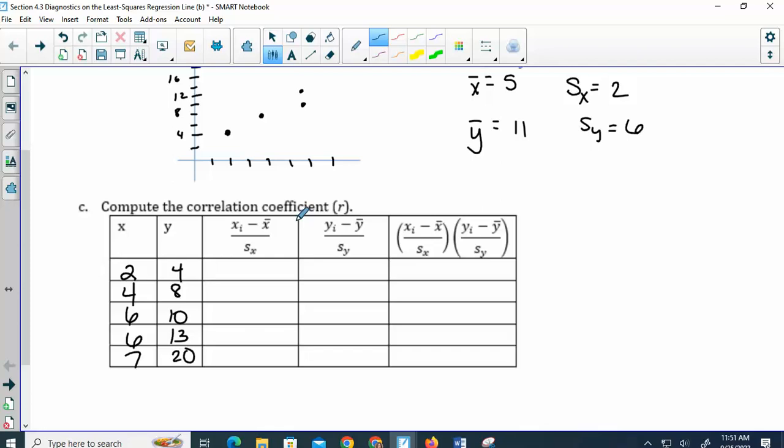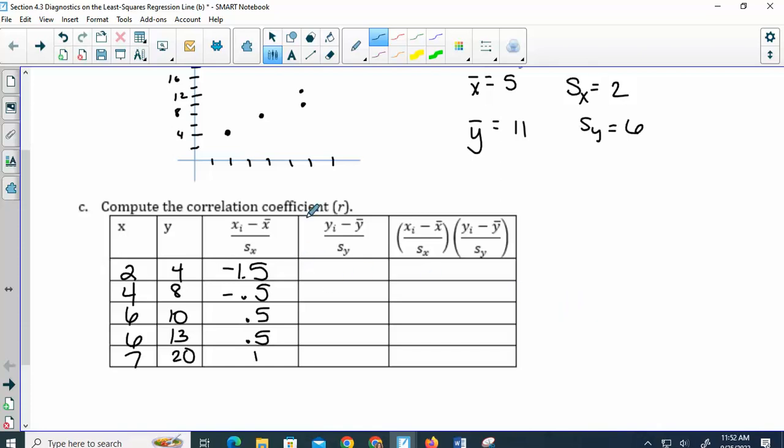My x, which is 2, minus x bar, which is 5, close my parentheses, divided by standard deviation of x, which was 2. So negative 1.5. Okay, and we're just going to go through and keep doing those. So the next one, put in a 4. Next x is a 6. Another 6, and if you put in a 7, we get 1. You guys know where I got all those numbers?